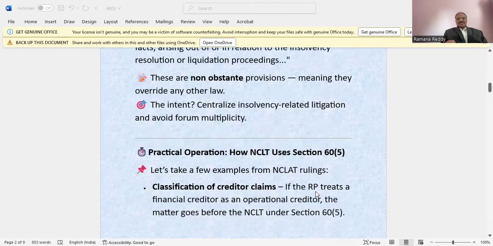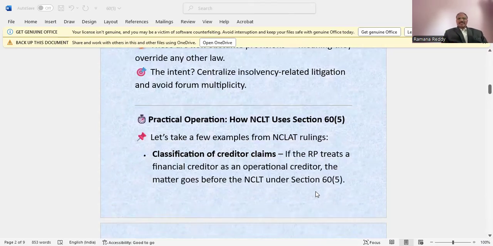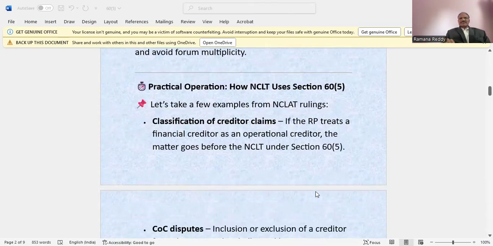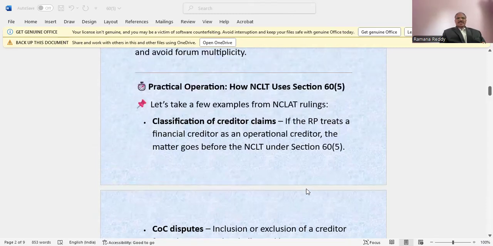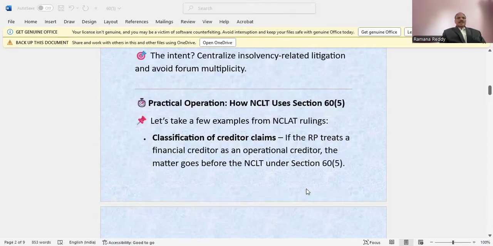Let's take a few examples from NCLT rulings: classification of creditor claims, CoC disputes, allegations of extortionate transactions. In classification of creditor claims, if the RP treats a financial creditor as an operational creditor, the matter goes before NCLT under Section 60, subsection 5.